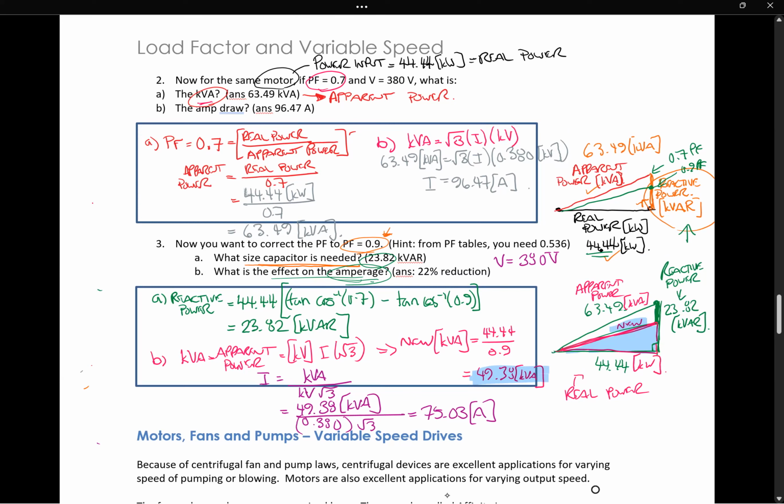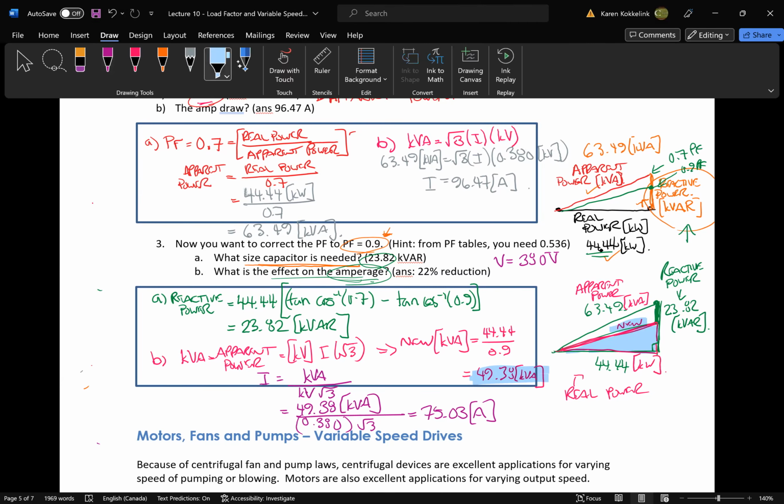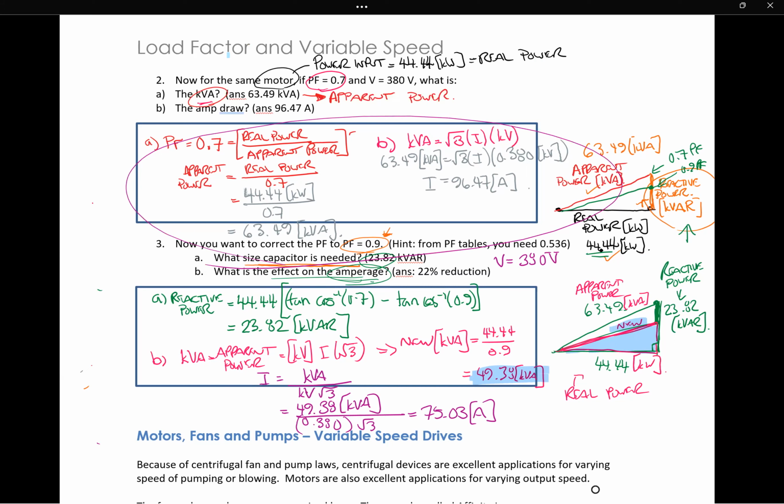So let's just summarize what has happened here. We had a 0.7 power factor up here, and then we changed to a 0.9 power factor down here.